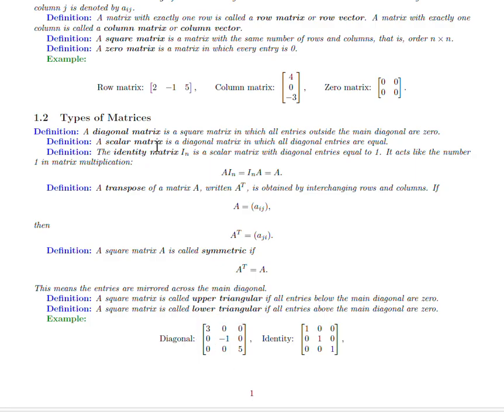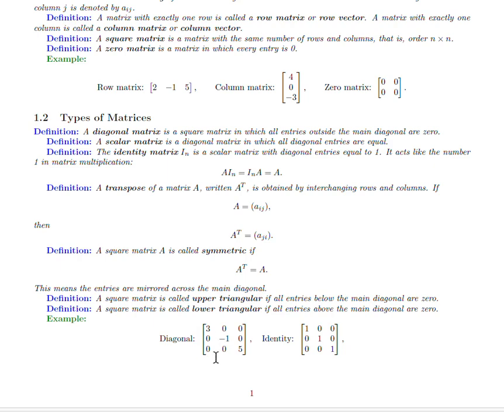A scalar matrix, another definition, is a diagonal matrix in which all diagonal entries are equal. Sorry, I said 0 earlier; all diagonal entries are equal.